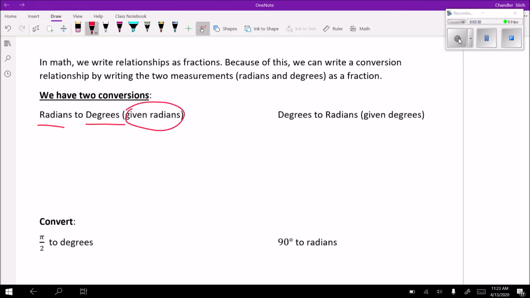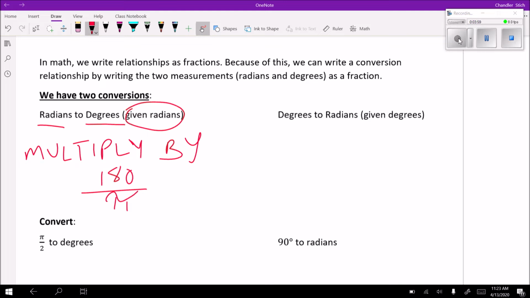What you're going to do is multiply whatever you're given by 180 over pi.